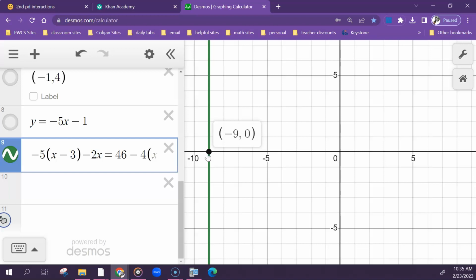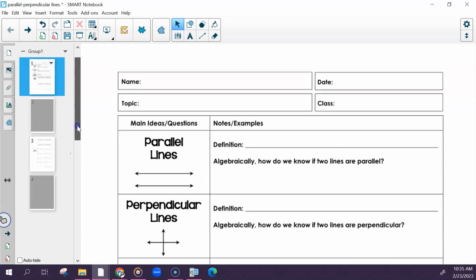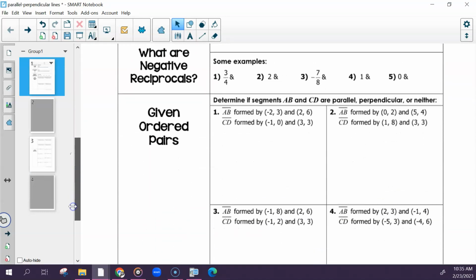If you haven't already, take out your notes from last class, the parallel and perpendicular line notes that we started. I did one problem. Anyone need another one of those?